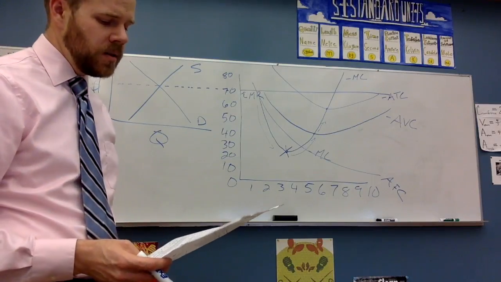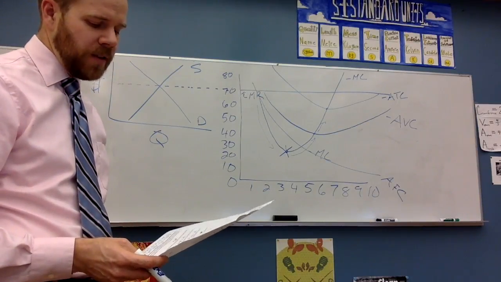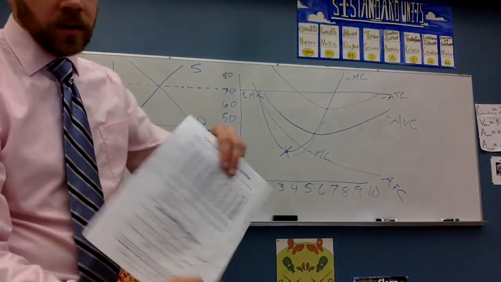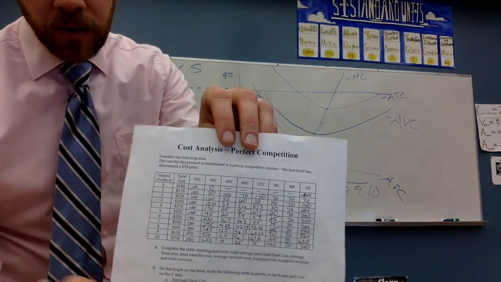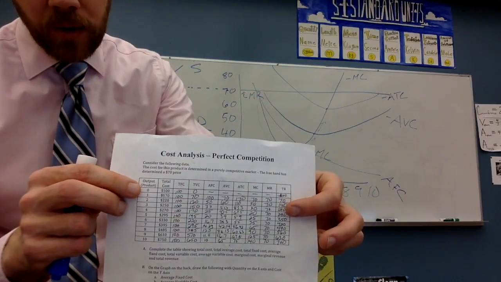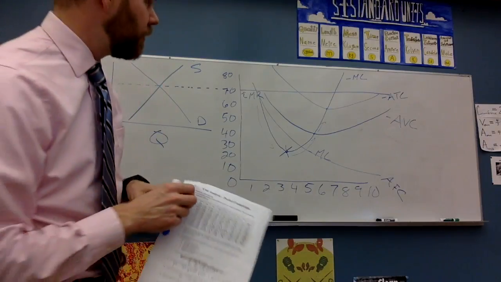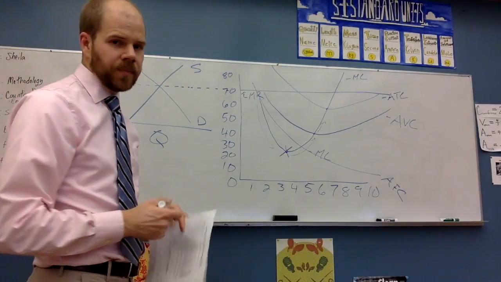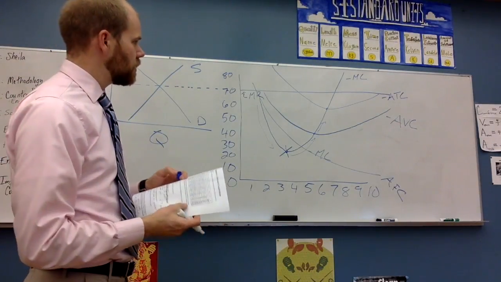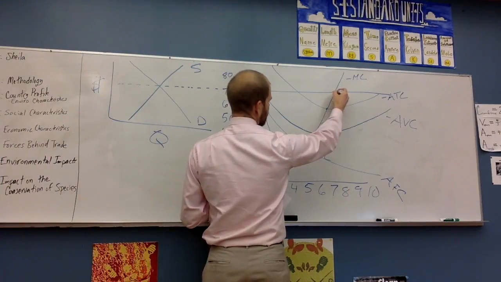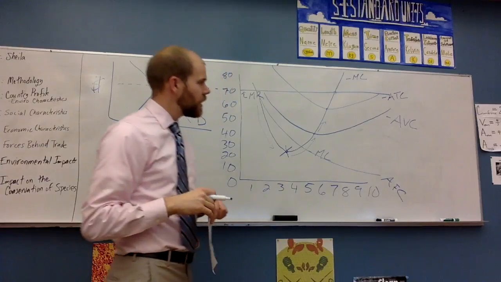Question D, can this company earn a profit? The answer is yes. You can actually look again at your table, and you can look at total revenue over here, total cost over here, and you can do the calculations yourself. But I can also tell you that profit is always the greatest right where marginal cost and marginal revenue intersect.